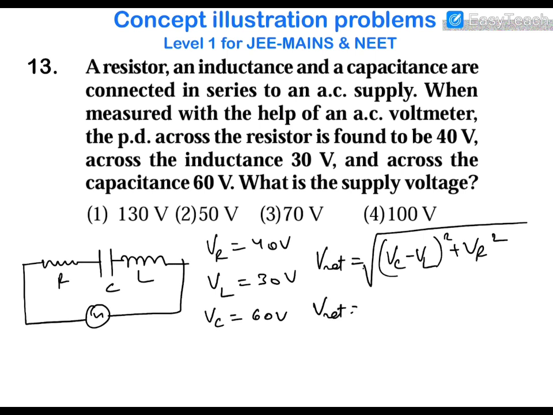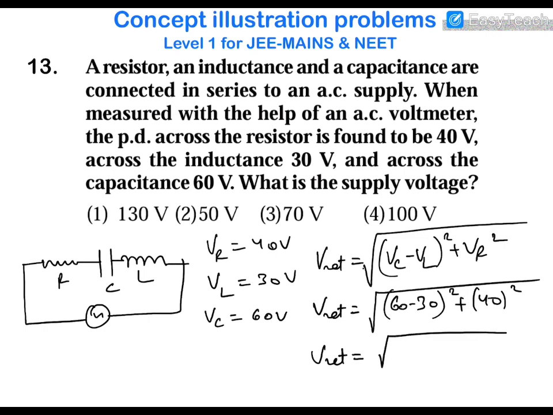And therefore the net supply voltage can be written as under root of VC minus VL whole square, which is 60 minus 30 whole square plus 40 square. So V net will be equal to under root of 30 square plus 40 square. So V net is equal to 50. So the correct answer is 50. Now we move on the next question.